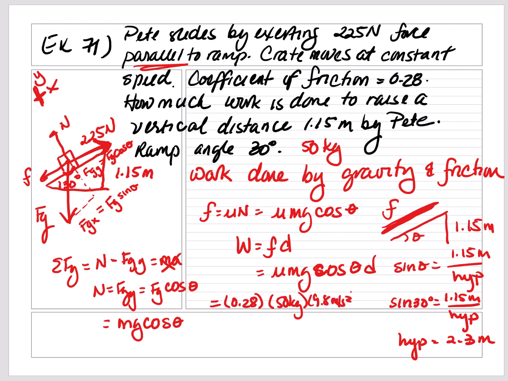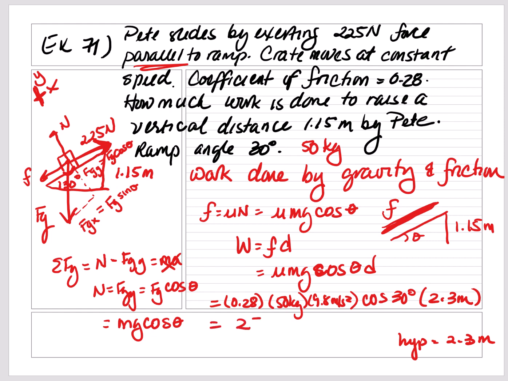My angle is 30 degrees. So I'm going to erase some of this. So this becomes cosine 30 degrees. My displacement is 2.3 meters. And if I multiply this, you should get approximately 273.28 joules.